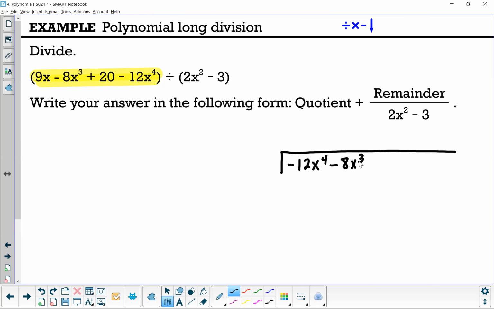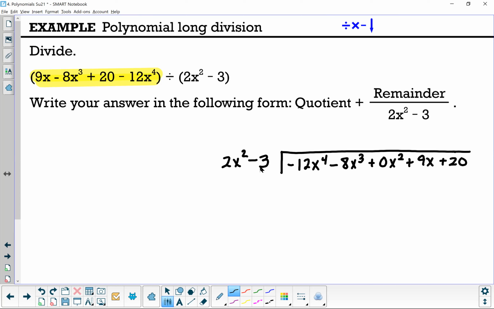We do not have an x squared term, so put a placeholder of 0 plus 0x squared. All right, now we have 9x, so that's plus 9x. And then plus 20 for our constant. All right, our divisor is 2x squared minus 3.